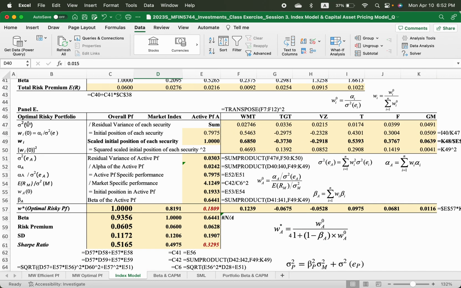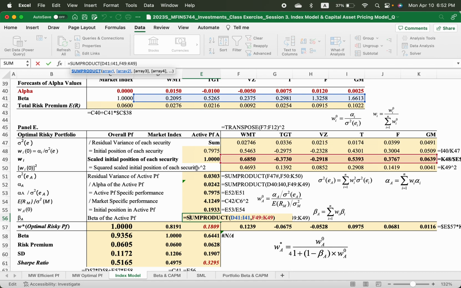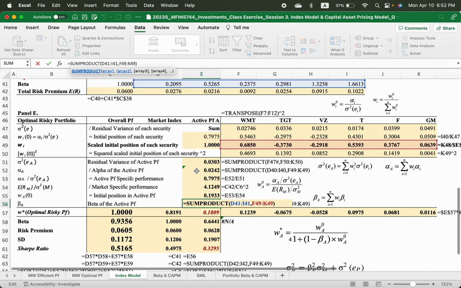And here, this optimal risky portfolio, again, this part is for the active portfolio portion, that generates its risks and alpha from the residuals. Once you got this active portfolio specific performance, now we need to get this market specific performance. The ratio is now the weight of alpha, the active portfolio. And then once we got this beta, based on this scale, the initial position of the securities from the beta with just a sumproduct.